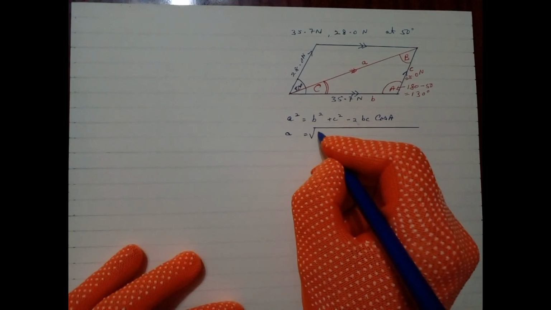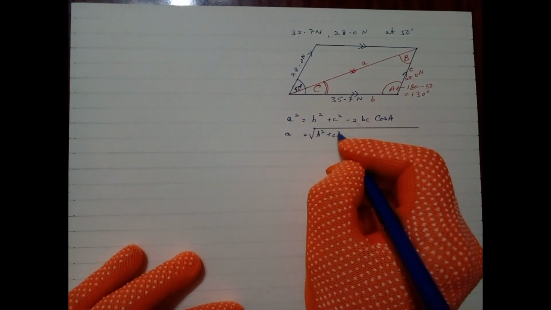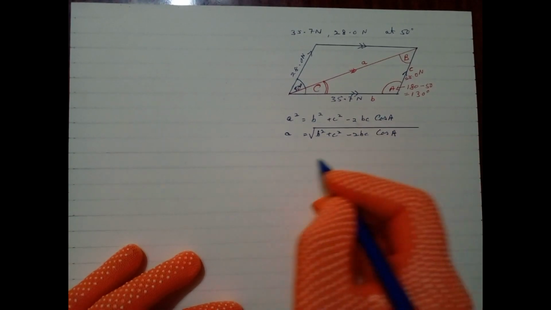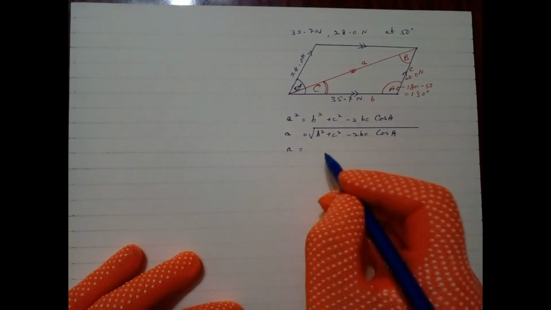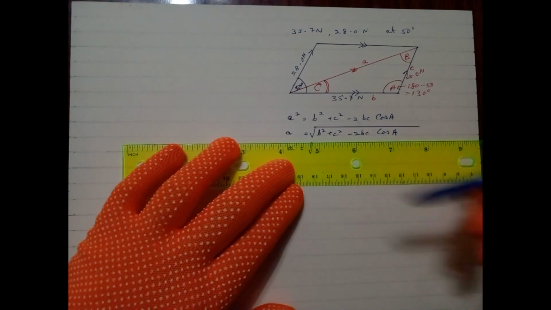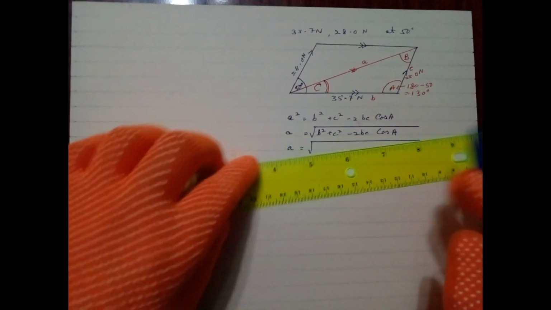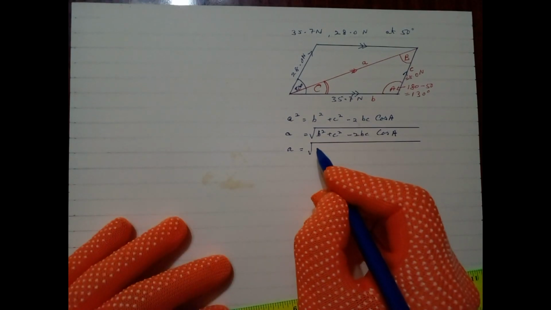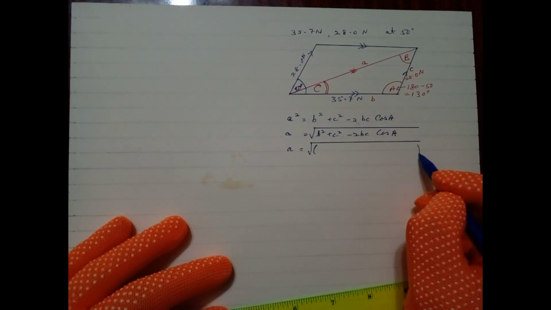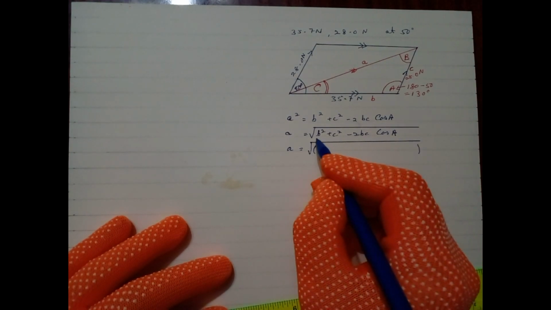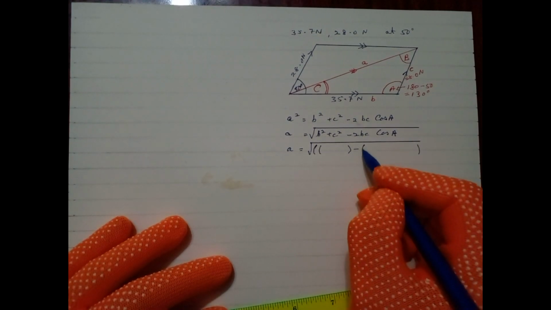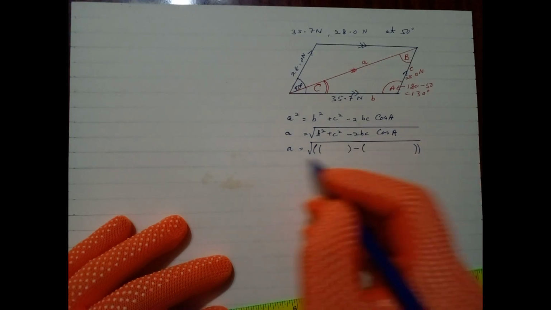So A is equal to the square root of B squared plus C squared minus 2BC cosine A. A is therefore equal to the square root, and this time we will start using brackets. We'll have a bracket here, another one here, meaning we will find the square root of everything in there. This piece we will do by itself, and then we'll minus that piece. So it looks like this.